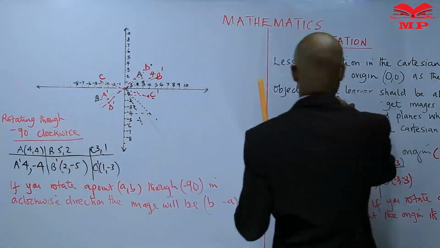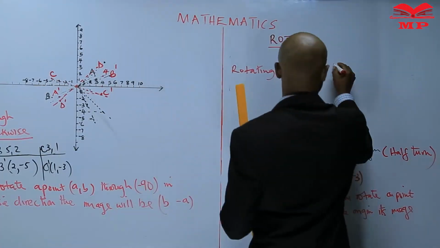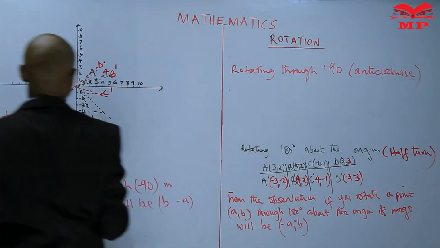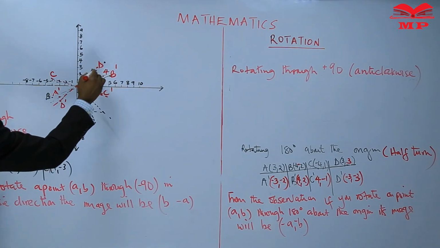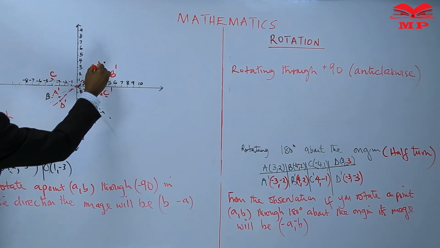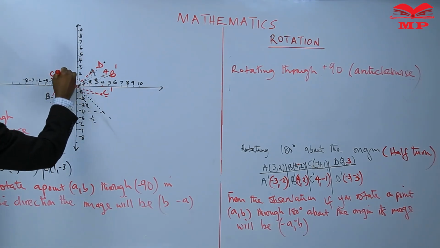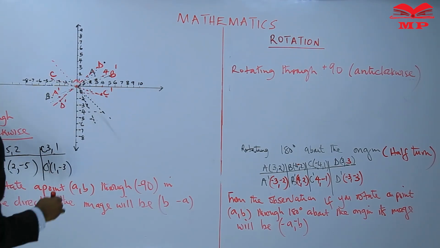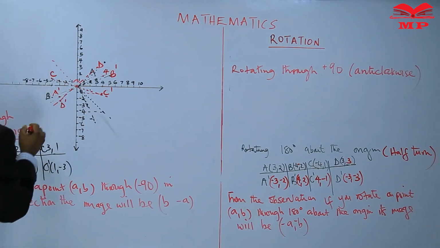So rotating through 90 degrees anti-clockwise. If it is point D, 4, 4, you'll now rotate it in an anti-clockwise direction so that you have 90 degrees there. So you'll come and have -4, 4.